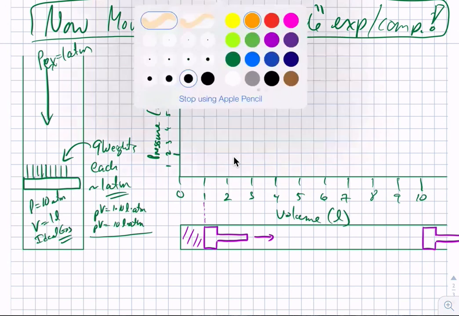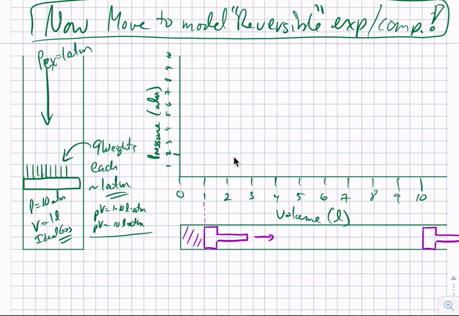Let's look at the left-hand image here. So we're going to look at this system over here. Now imagine you have a piston, and inside the cylinder you've got a gas that is at 10 atmospheres of pressure, it has a volume of 1 liter, and it's an ideal gas.